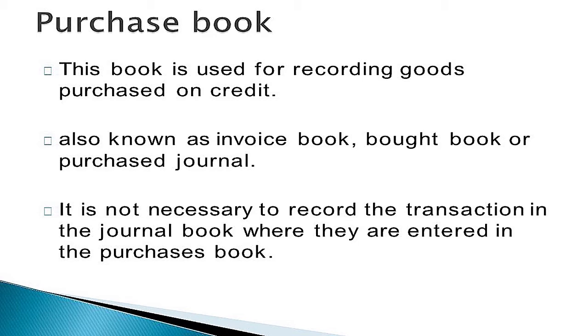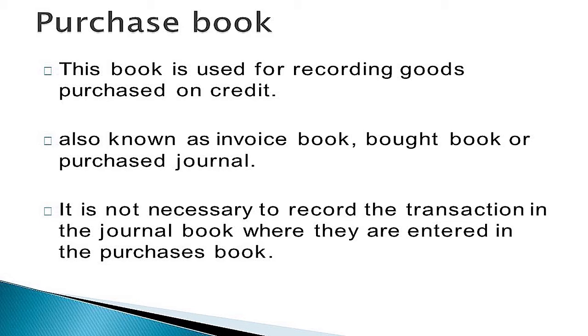Even if assets were purchased on credit, that will go to journal proper. You have to remember, in purchase book, goods purchased on credit are recorded. It is also known as invoice book, bought book, or purchases journal.